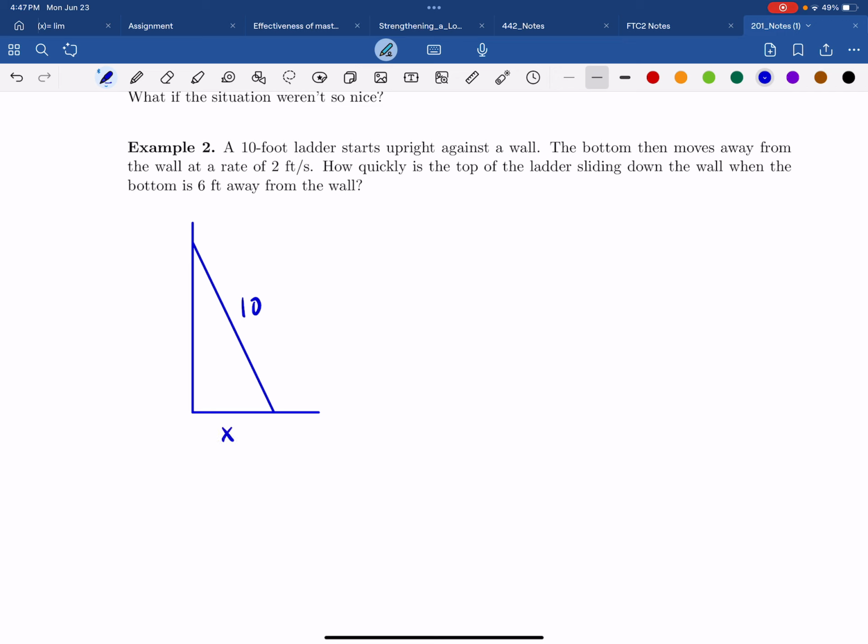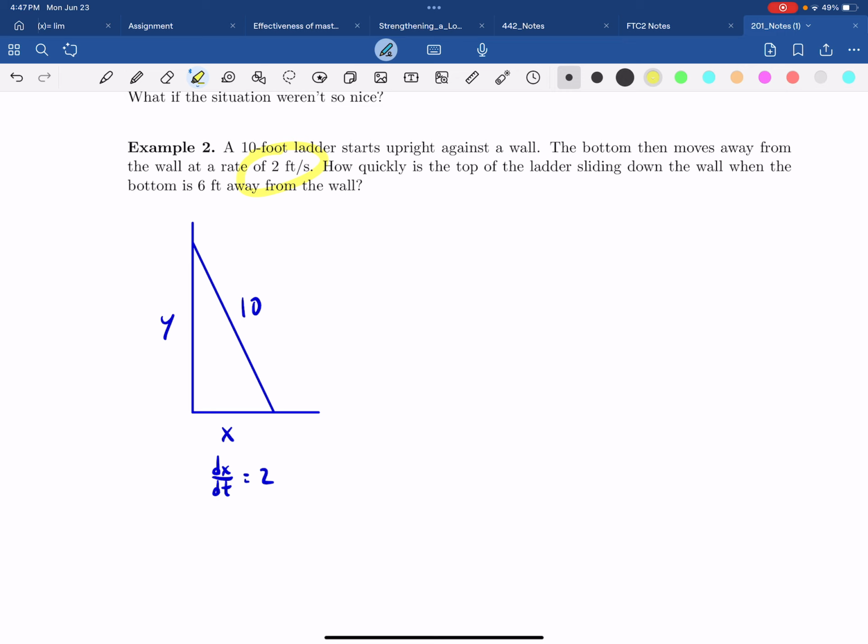But for example, the distance between the bottom of the ladder and the wall is changing. That's going to be x. The distance between the top of the ladder and the floor, that is changing. I'll call that y. You can call it b for base and h for height if you want. But anyway, this is our situation. We know that dx over dt equals 2, right?